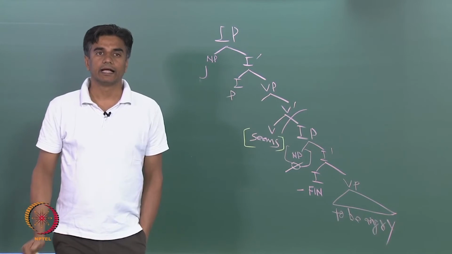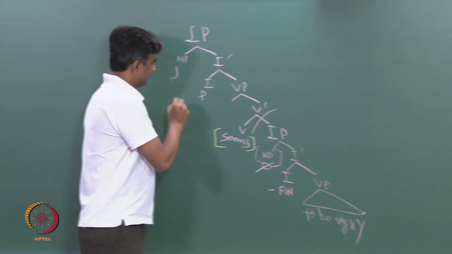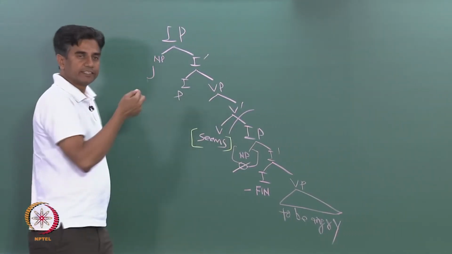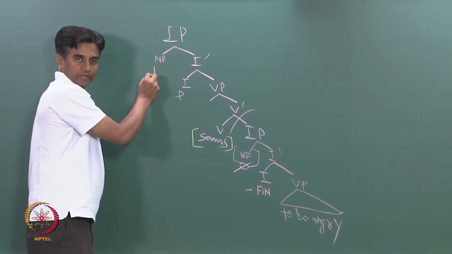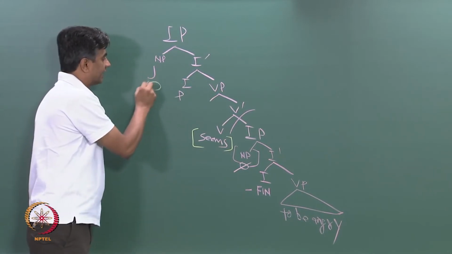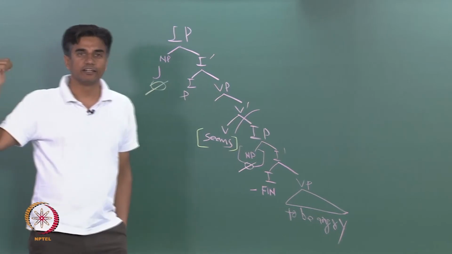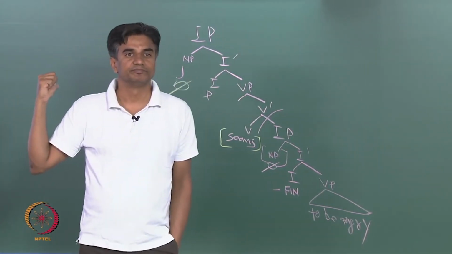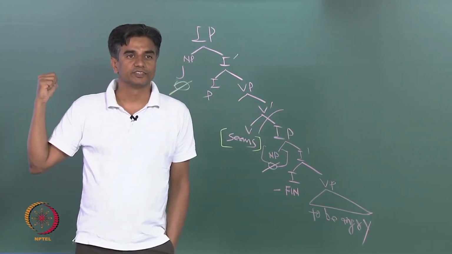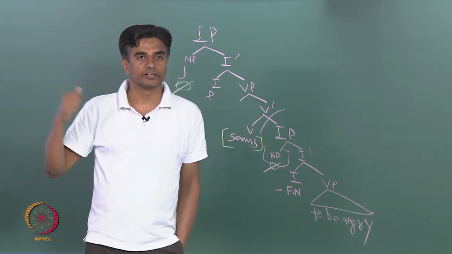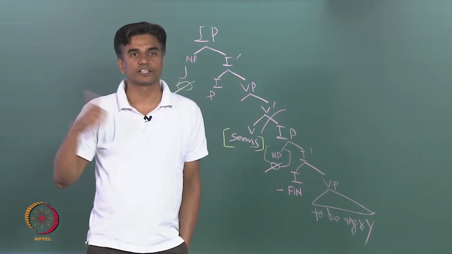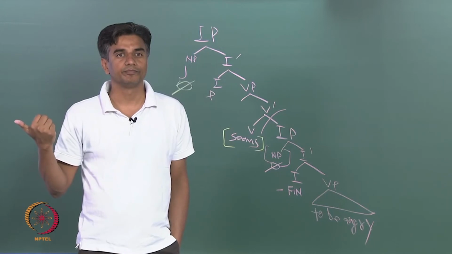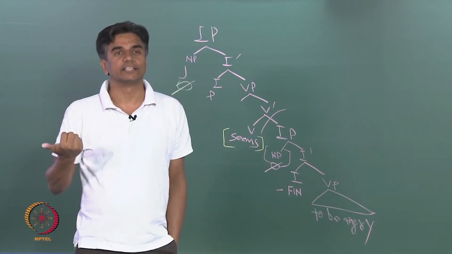Okay? And so to begin with, this is not there. That is what you see on the screen in the deep structure. The deep structure tells you it is just not there because it cannot assign. It doesn't get a theta role.